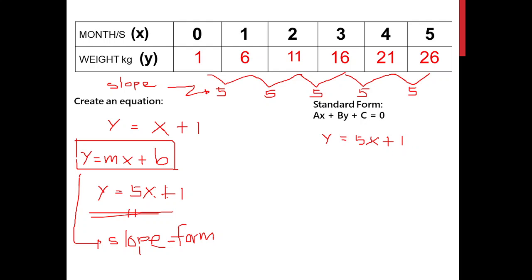Now, the first step here is we need to transpose 5x and 1 to the left side to have the same format as our standard form. Now, how do we do that? It's either we use the shortcut method, which is the transposing method, transposing everything to the other side of the equation, and then change the sign of each term. Or, this time we use the additive inverse.